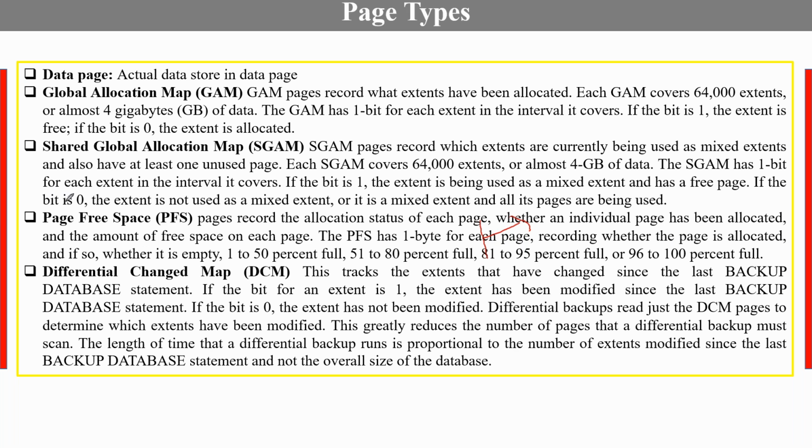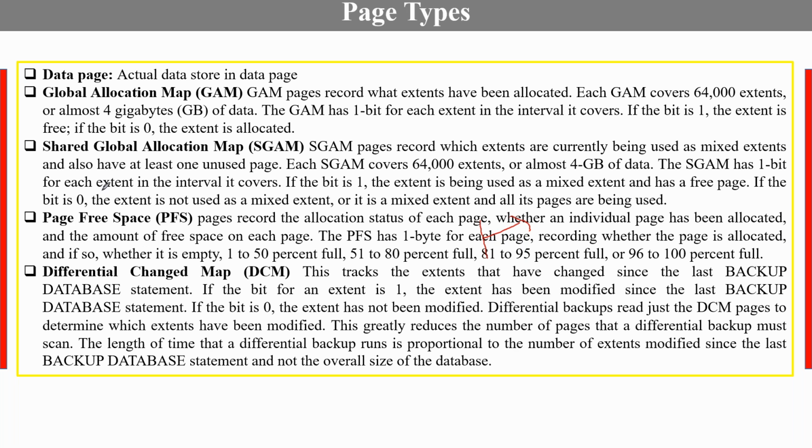If the value is 0, it means either that mixed extent is completely consumed with data, meaning there is no free space, or the extent is not used as a mixed extent, or it may be a mixed extent but the data is completely filled.